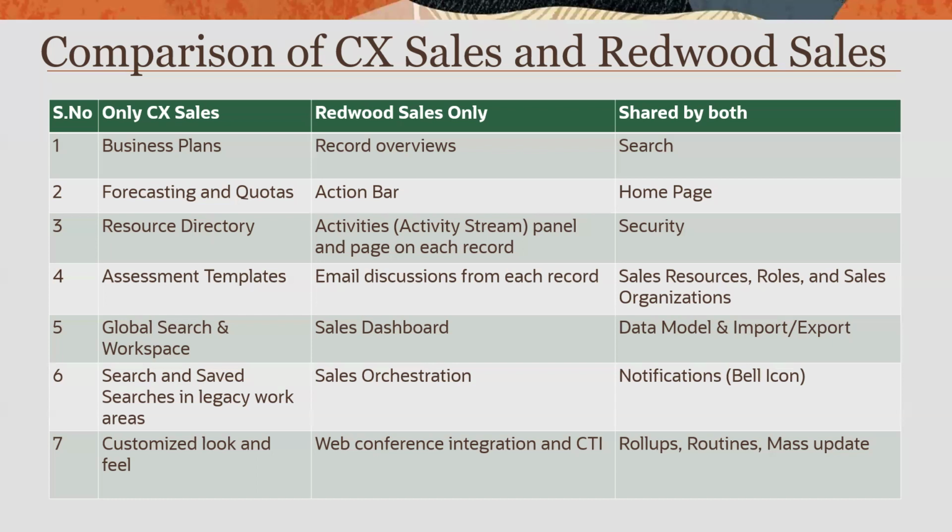Whatever security we define for CX Sales using the security console will be applied here as well. And sales resources, user setup, roles, sales organization setup, all will be shared. It will remain the same.